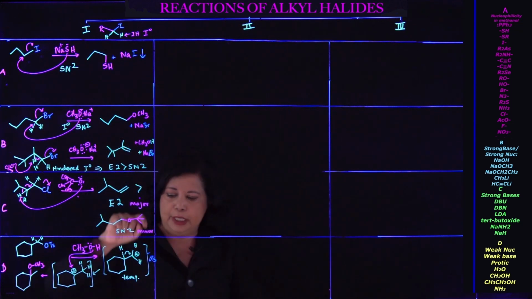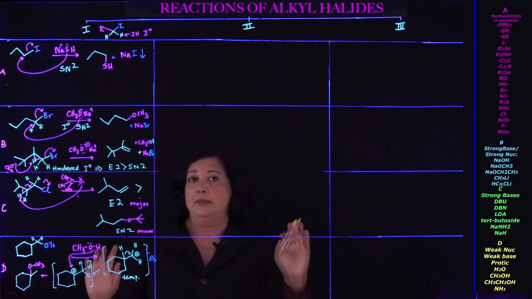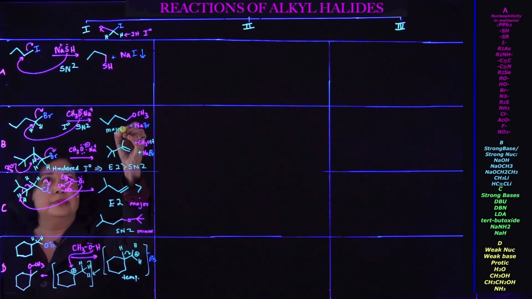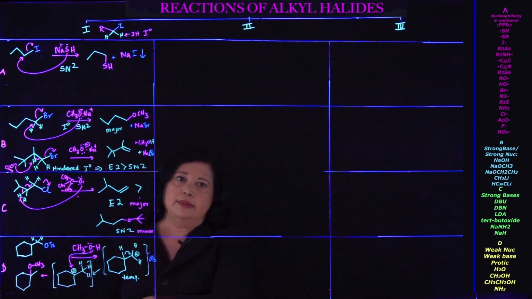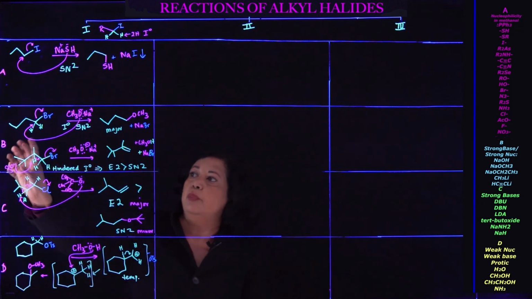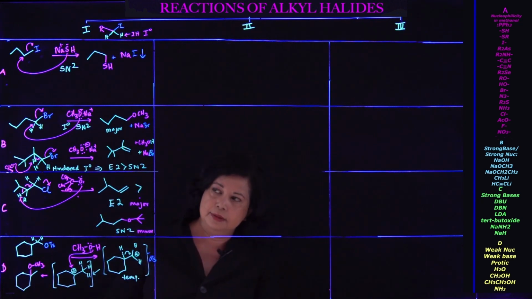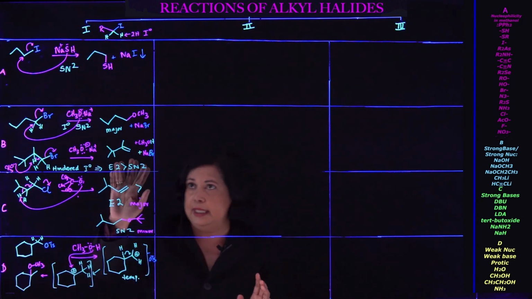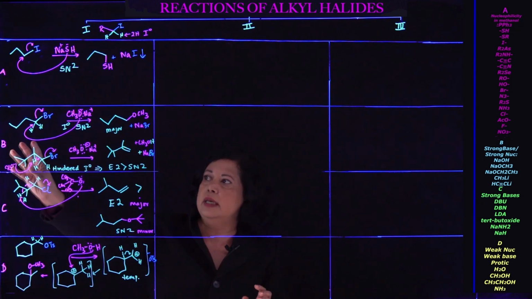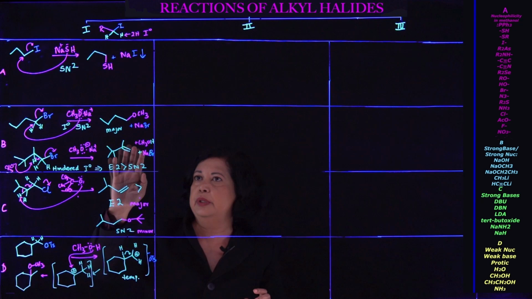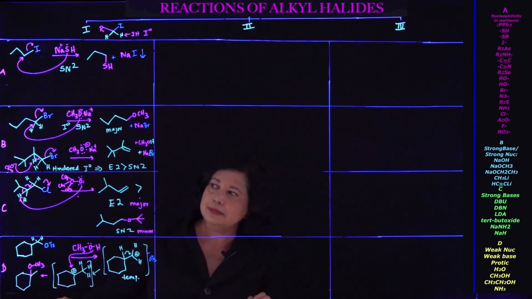That would be your major. And typically, I mean, almost 90% major, very big major. E2, minor product. But if you have a branched primary, it could have more E2 than SN2. The percentages here would depend on the substrate and the size of the base and the size of the branching, but you could have a mixture.